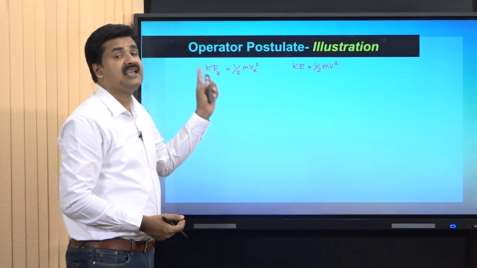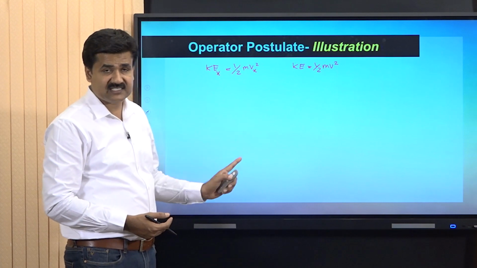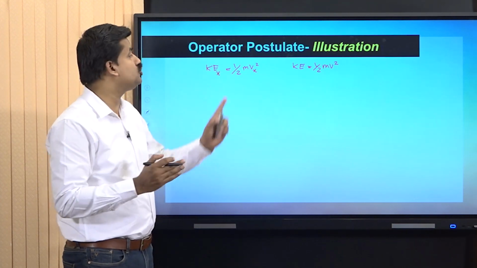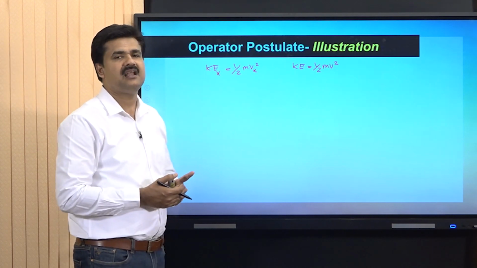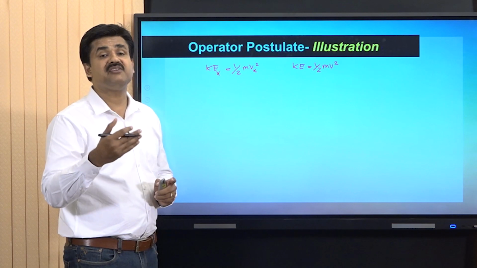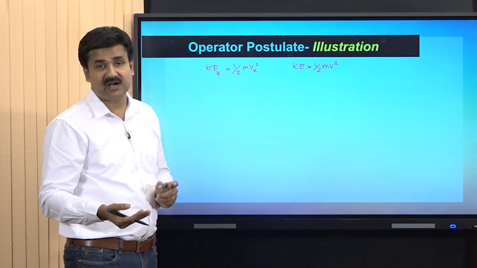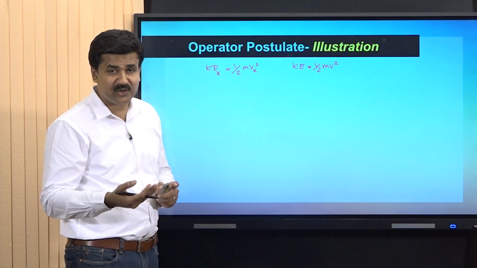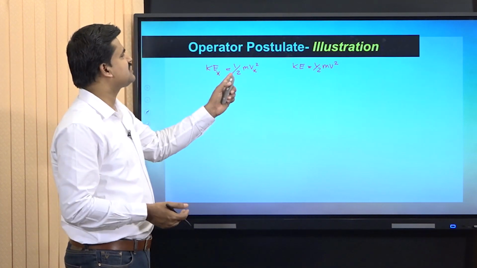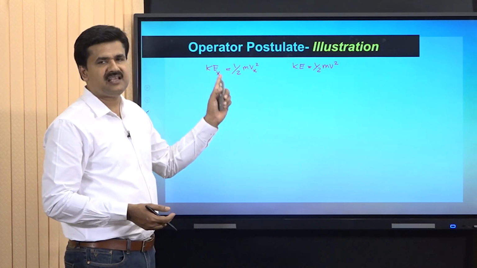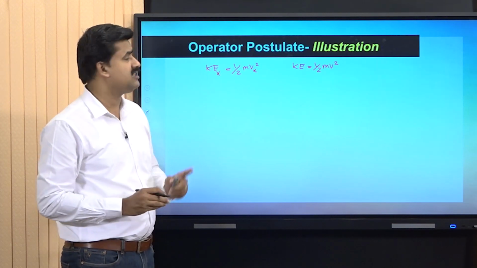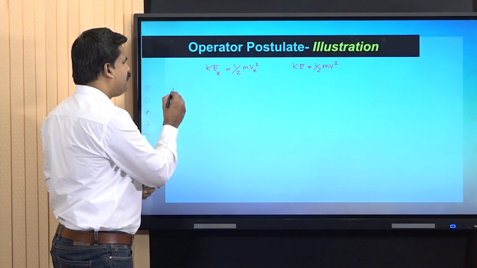To get a linear Hermitian operator corresponding to kinetic energy, I have to begin from this classical equation and replace the terms Px, Py and Pz respectively by minus i h cross dou by dou x, dou by dou y and dou by dou z. Since it contains only the variable x, there is a possibility of Px occurring.